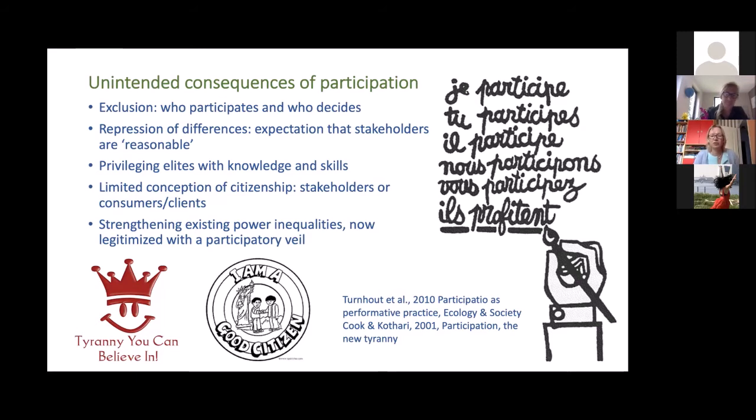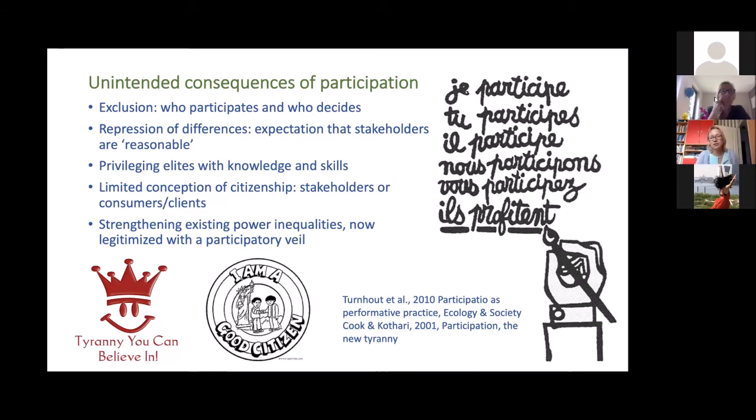Where, for example, Cook and Kothari has made famous the idea that participation is now the new tyranny, is the new preferred mode of oppression. And this is because participation often excludes in a lot of ways. It excludes stakeholders that cannot speak the lingo and don't have the right knowledge, that are considered unreasonable or unwilling to compromise, or that are unwilling to behave in the roles that have been afforded to them as holders of a specific stake or as consumers or clients.